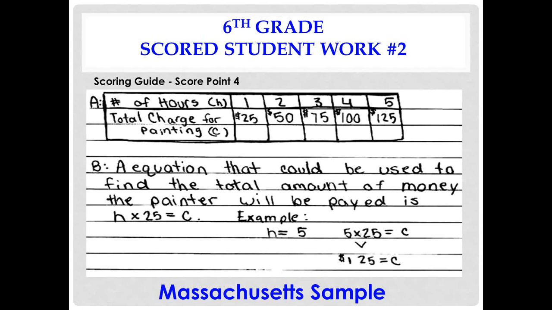On part B, writing an equation, the student wrote that the equation to find the total amount of money the painter will be paid is H times 25 equals C. And they gave an example: H equals 5, and 5 times 25 equals C, which is 125 for the total cost. They went one step further to provide an example of their understanding.